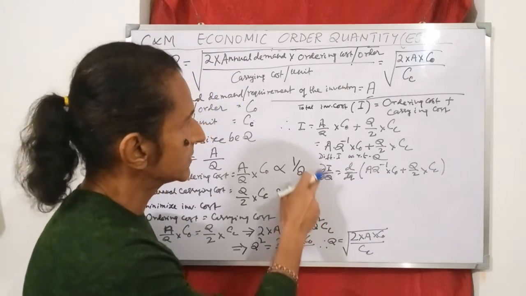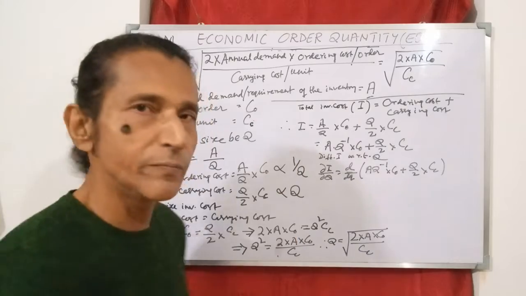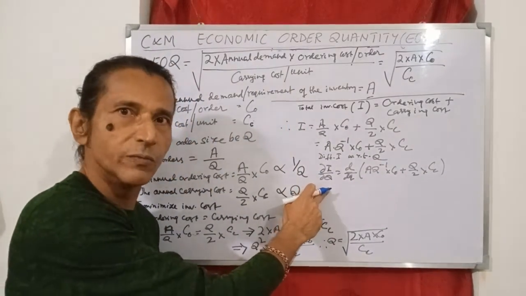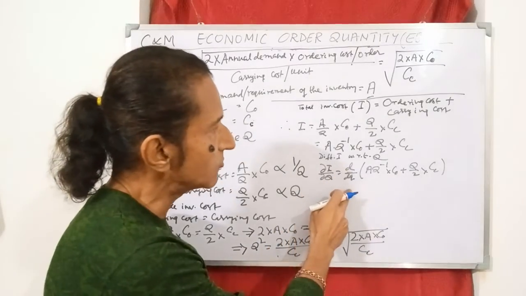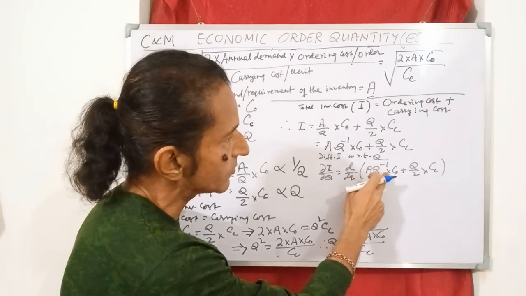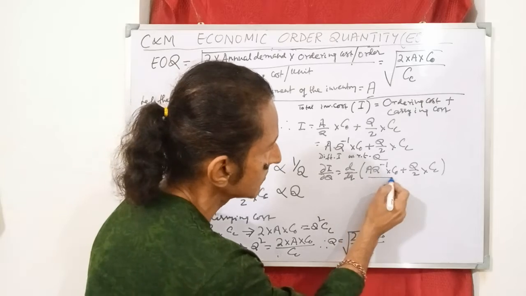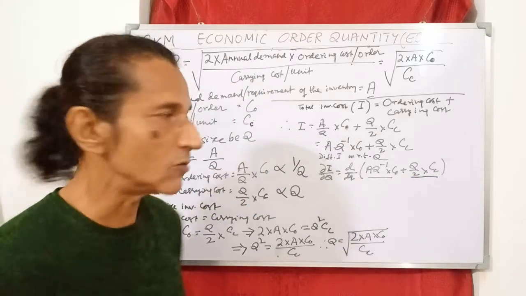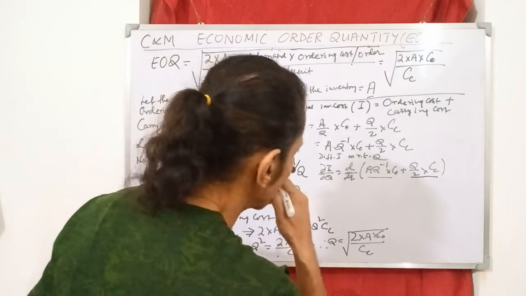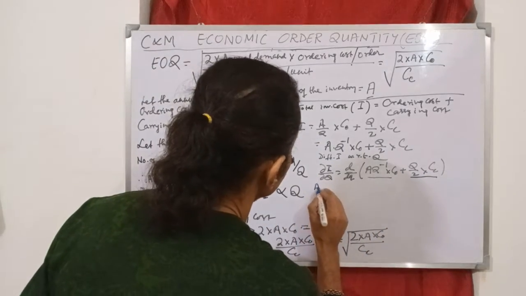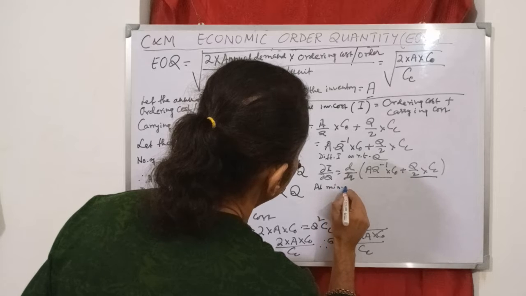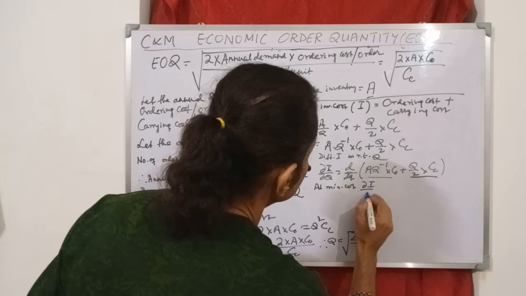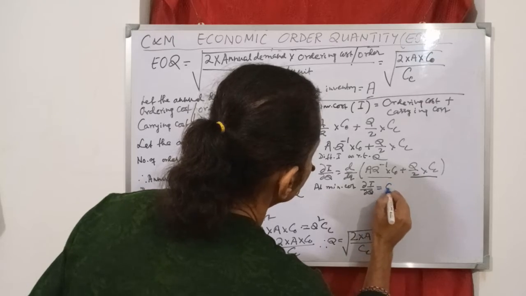That means the total inventory cost will be minimum when del I del Q will be equal to 0. That is d by dQ of A Q to the power minus 1 into C sub O, that is the ordering cost, plus Q by 2 into C sub C, that is the carrying cost, will be 0. So we have to set it 0. At minimum cost, del I del Q equals 0.